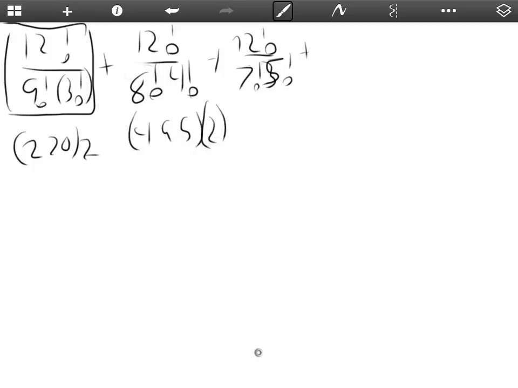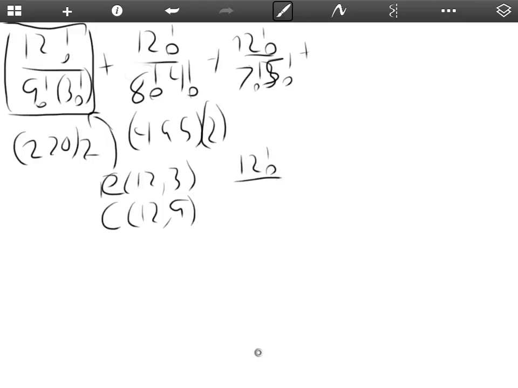This is C(12,3), but it's also C(12,9), because both come out to 12 factorial over 9 factorial times 3 factorial.